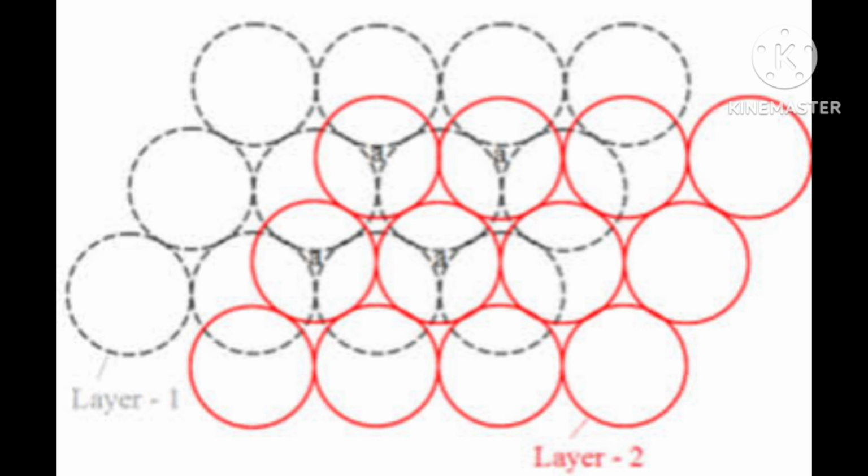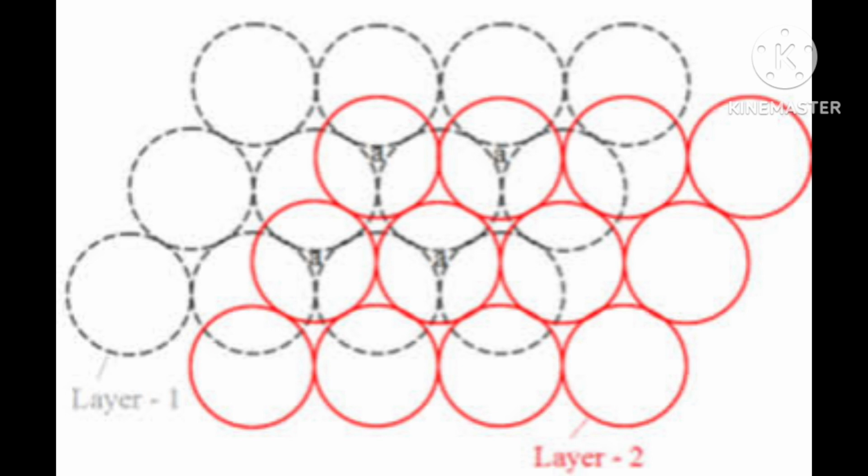Just consider capital N. Then the number of octahedral voids generated will be the same, N only, and the number of tetrahedral voids will be double, that means 2N. This question is asked. Today I am stopping only here.